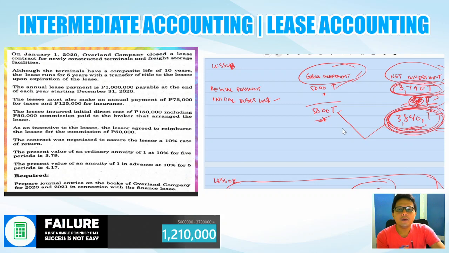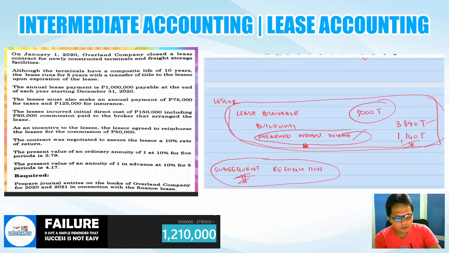However, because meron ngang 50,000 na lease incentive, which is an initial direct cost paid by the lessor, the unearned interest income, okay? The unearned interest income was lowered down to 1,160,000. So the point is, hindi na applicable ang 10%.